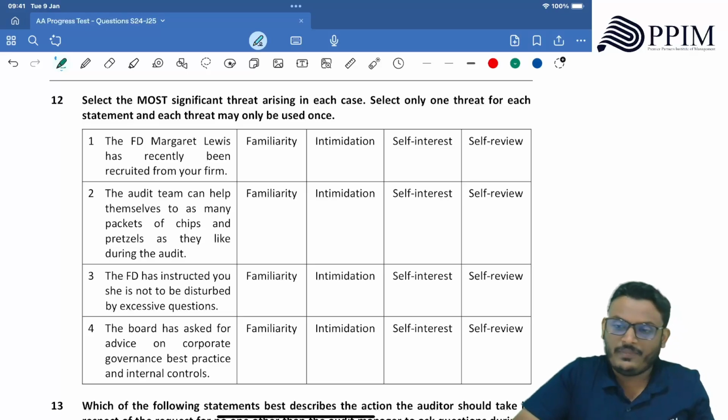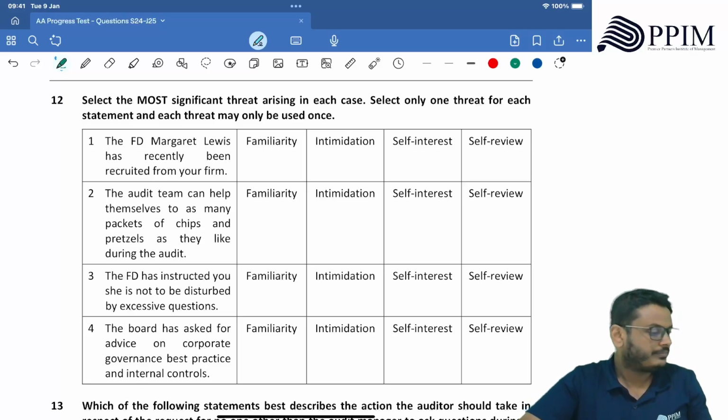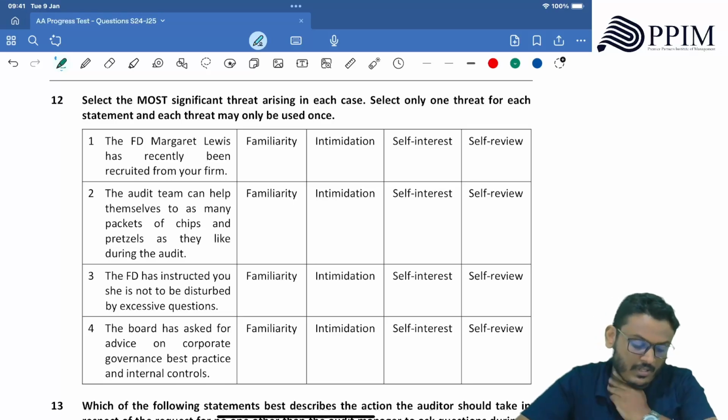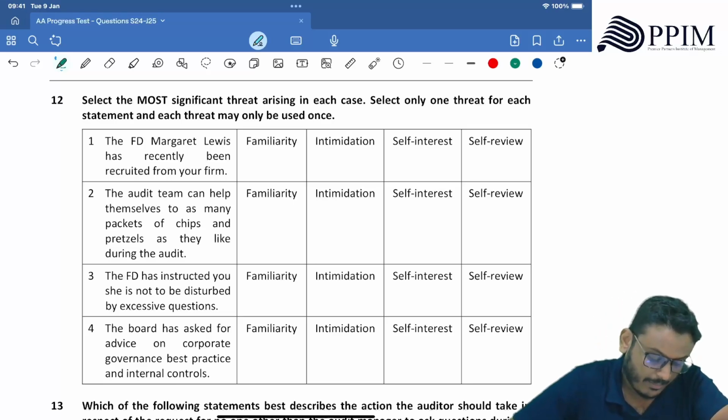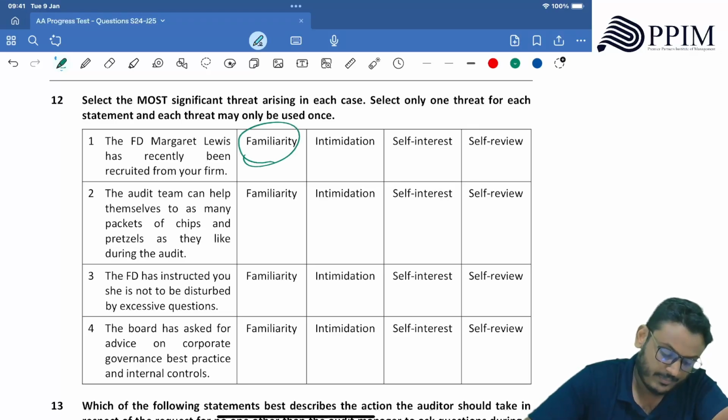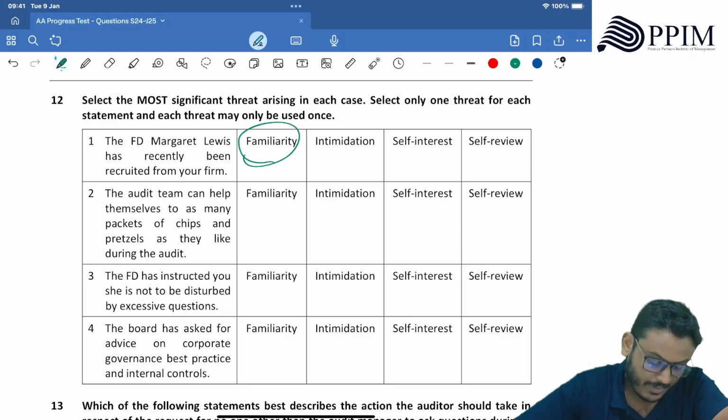The most significant threat: the finance director Margaret Lewis has recently been recruited from your firm. Familiarity threat. The audit team can help themselves to as many packets of chips and pretzels as they like during the audit. Self-interest.